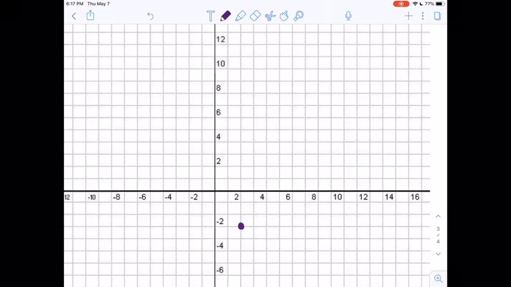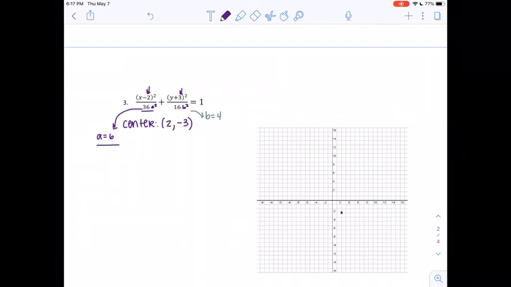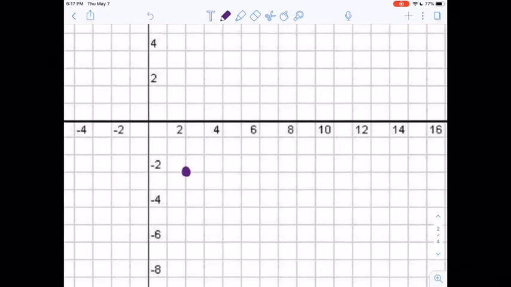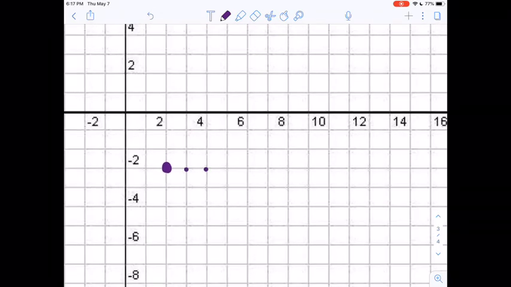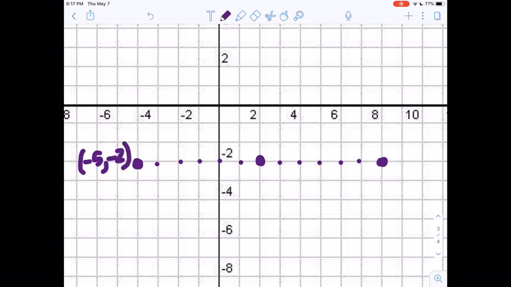Okay, and then I'm going to count my major axes. Since a is underneath x, that means I have to move 6 right and left along the x-axis. So 1, 2, 3, 4, 5, 6. And I'm going to go left, 1, 2, 3, 4, 5, 6. Okay, so this point, I'm going to label it right away, is at negative 5, negative 2.